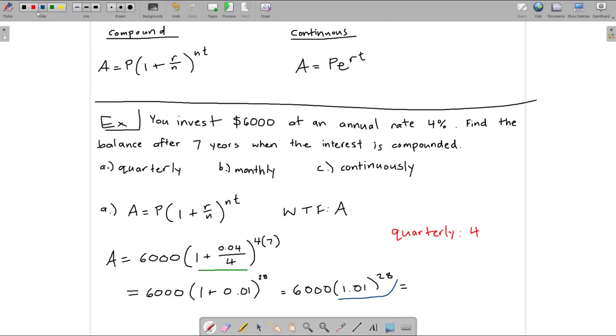And then that will be your final answer. You want to round as little as possible, until the very end. If you can avoid rounding until the very end, then you'll have the most accuracy. So this is what I get, and this is dollars. Because it's dollars, you want to round to 2 decimal places. So that's what I get from quarterly interest.